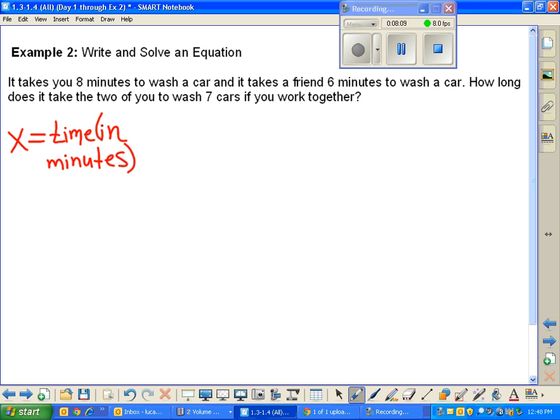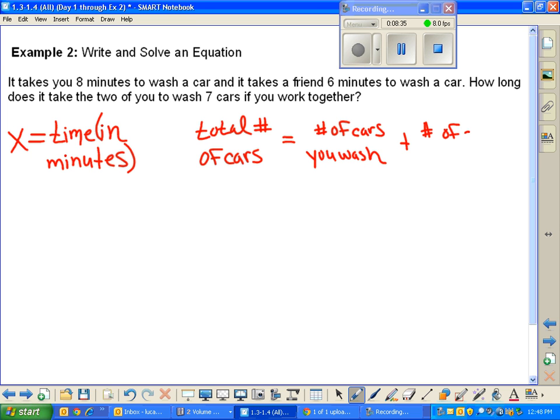So that's our verbal model right there. It's the total number of cars, and then that's equal to the number of cars you wash plus the number of cars your friend washes.